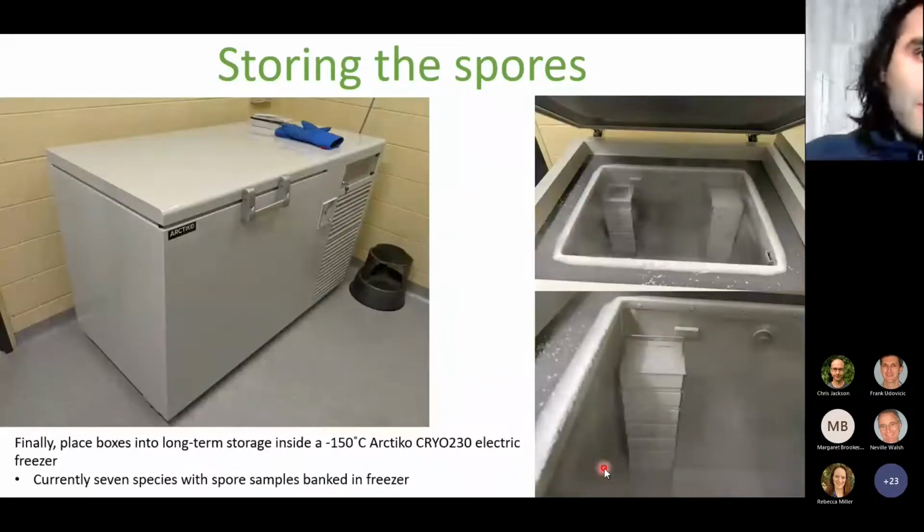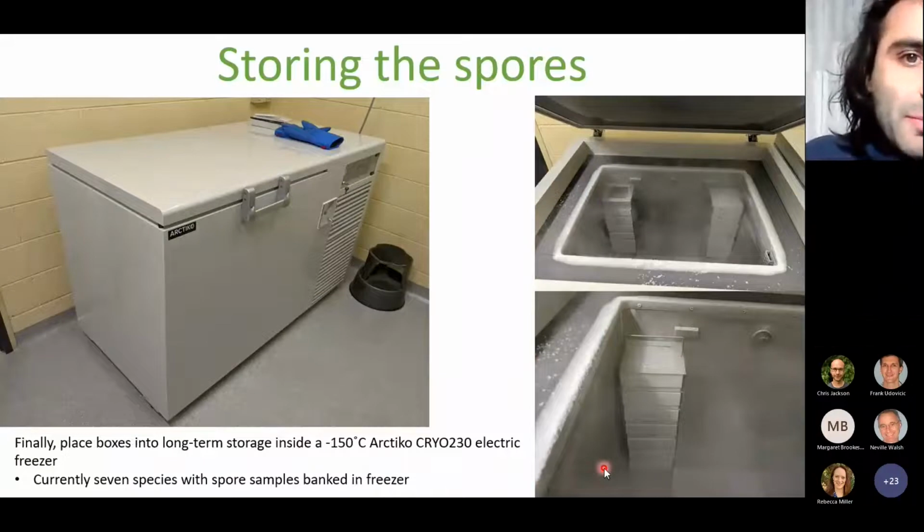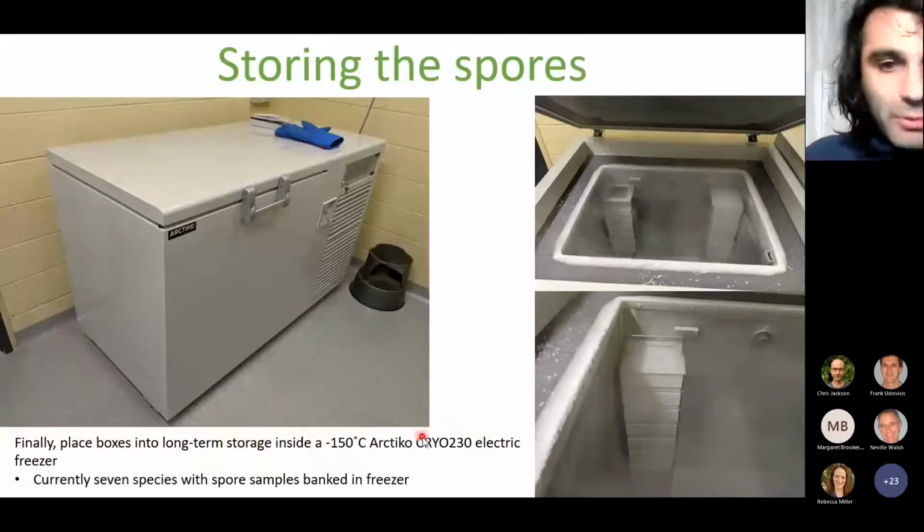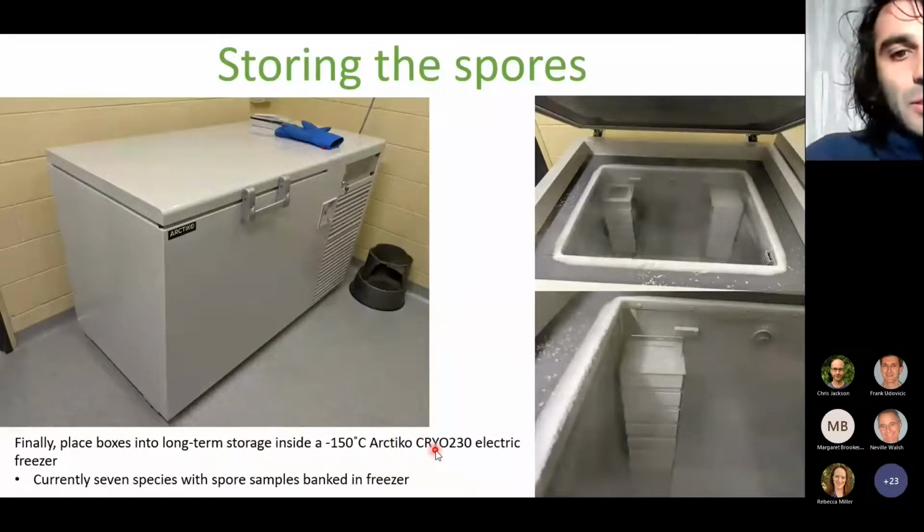So how we've gone to think about how to long-term store these spores is we're going to put them in a minus 150 degrees Celsius electric freezer, and the company that we went with was Artico. This is the model here, Cryo 230. This is from Denmark.